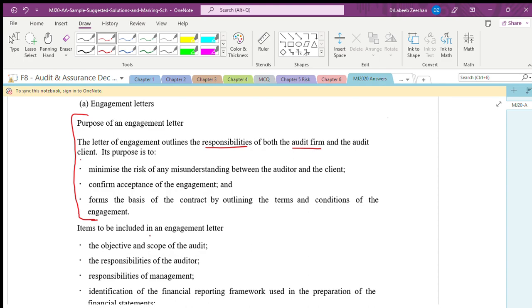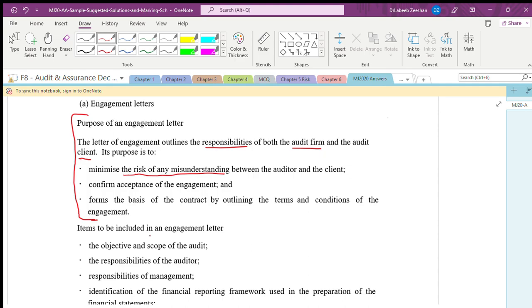What is the responsibility of the audit team, and what is the responsibility of the client. It minimizes the risk. The most important thing is it will minimize the risk of any misunderstanding. There should not be any mistake. Everything should be in black and white: what we are doing, what is the scope, what are the responsibilities, what is the fee, what is the framework. Everything has to be there. There should not be any misunderstanding between the auditor and the client.